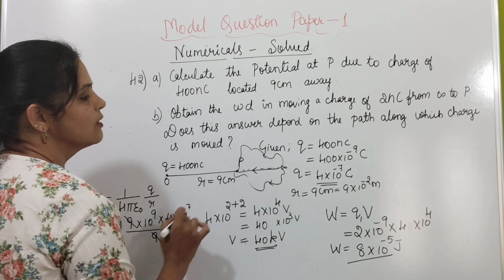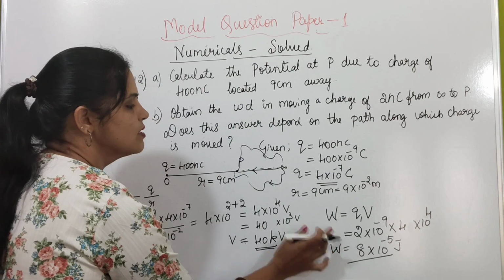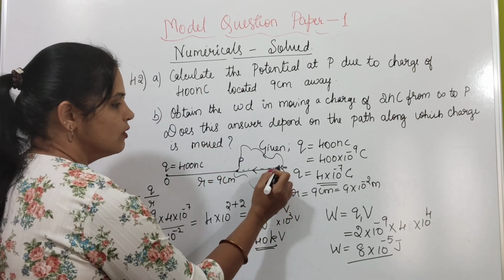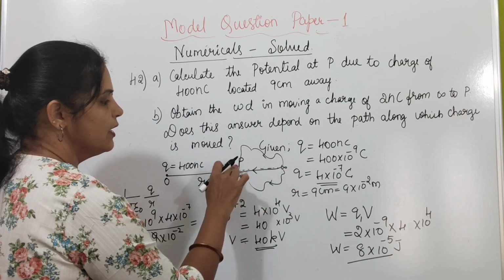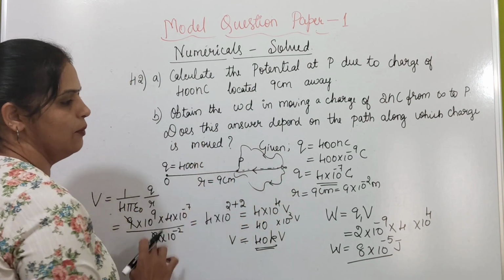Whatever the path followed, this answer does not depend on the path. It depends only on where it was initially and where it goes finally. It depends only on the initial point and the final point.